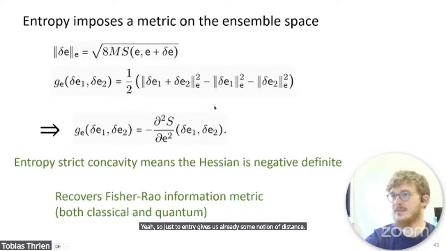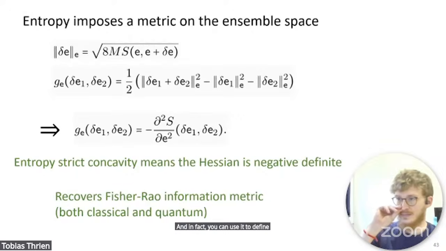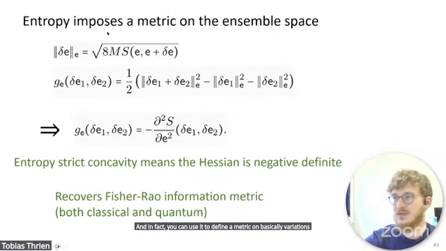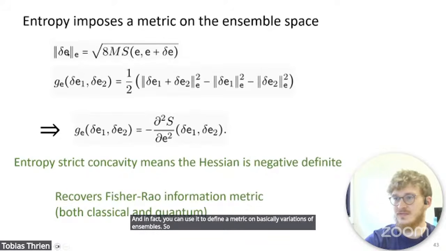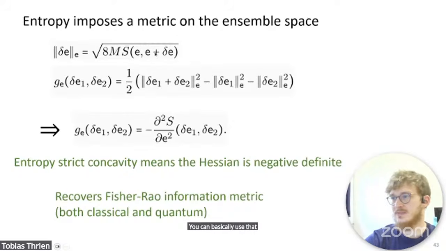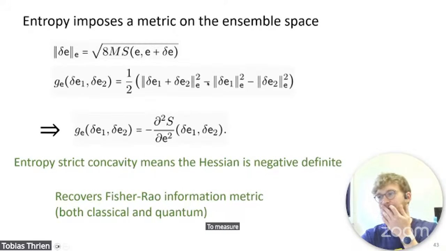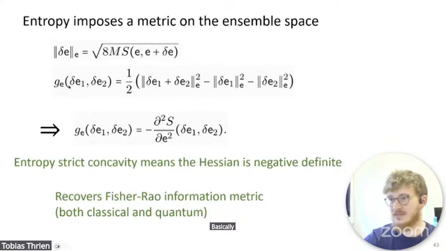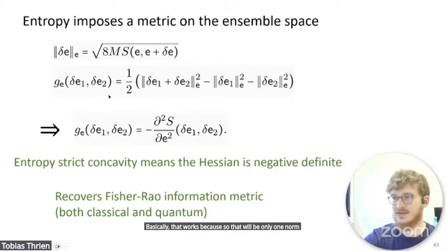And in fact, you can use it to define a metric on variations of ensembles. If you take a small variation of an ensemble at some point, you can use that pseudo distance to measure its length. That works because there will be only one norm on this variation.